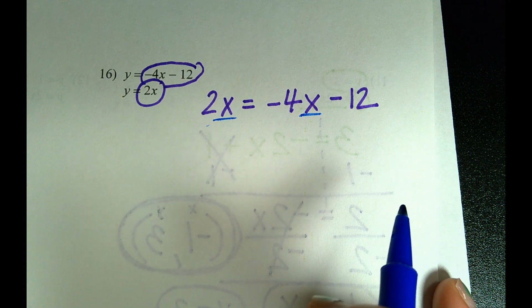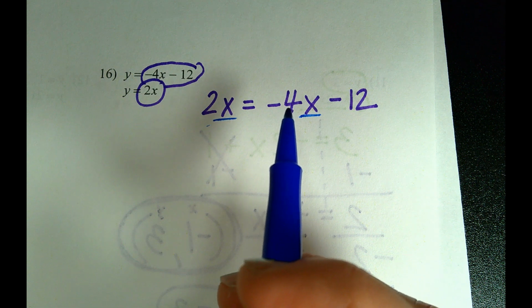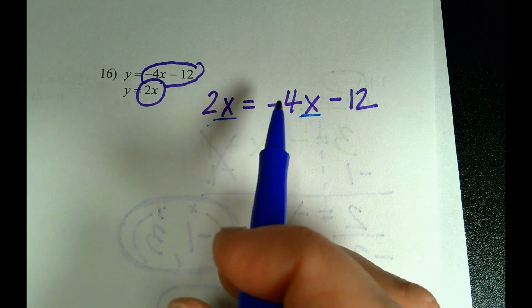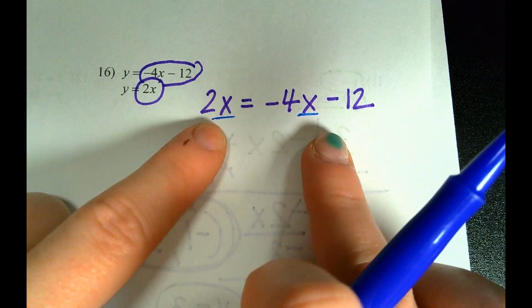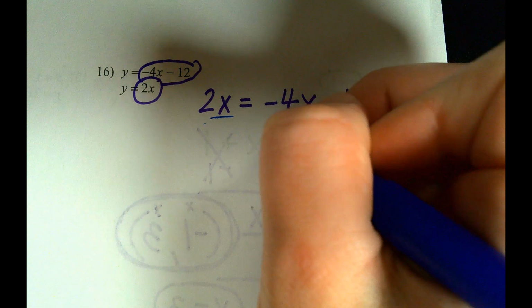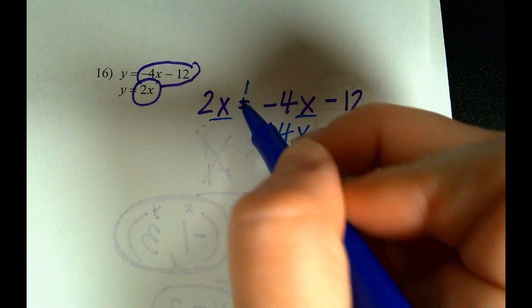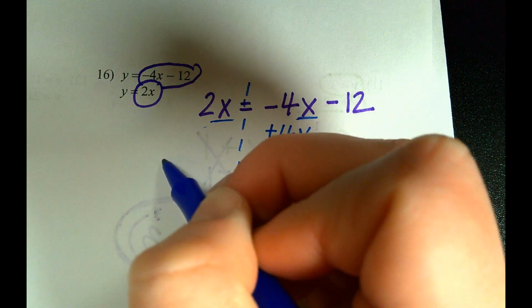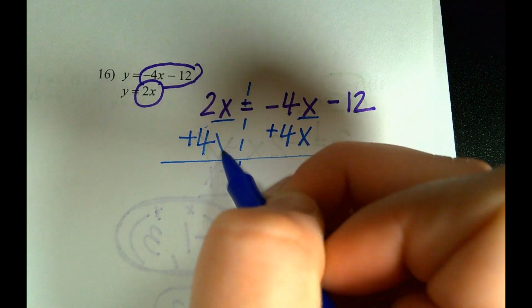No, we're going to add 4x on each side. Yes, we want to get our like terms together. We have 2x, we have minus 4x. We're going to add 4x to both sides. Remember that equal sign separates the sides, so I need to do that on both sides.